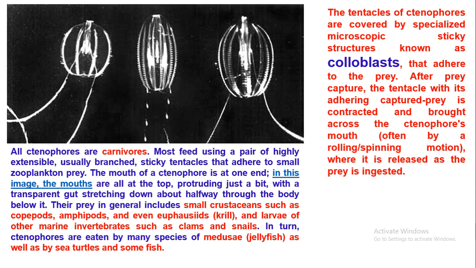Ultimately the tentacles drag the food particle, the small animal or the larvae, into the mouth of the cavity, which is at the top or at the tip, and it is slightly protruded. It is bulging out. In this case you can see it is like a bulge or a protrusion.